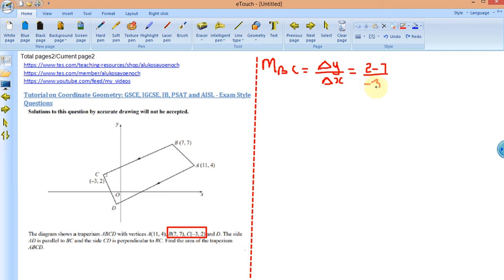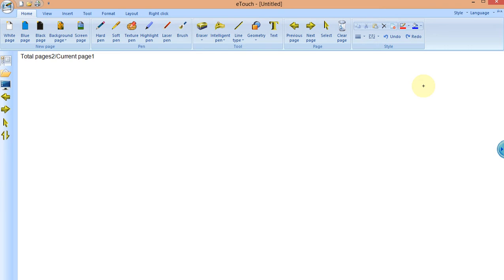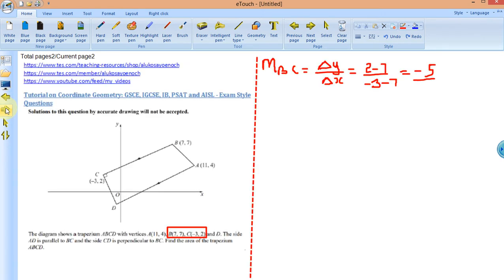So 2 minus 7 gives me minus 5, so that's minus 5 divided by minus 10, and that will give you, plus 2. Minus 5 divided by minus 10, and that is 2.